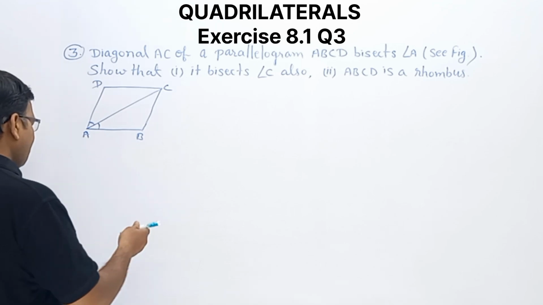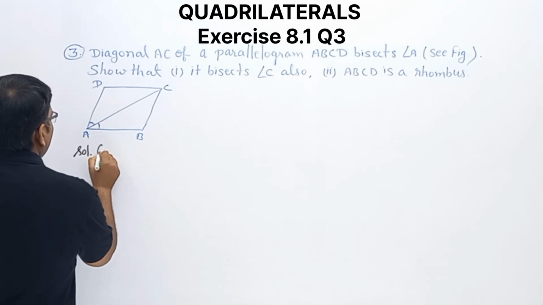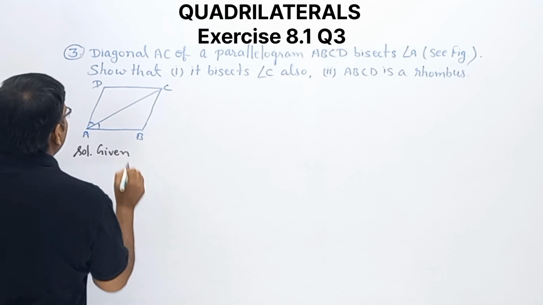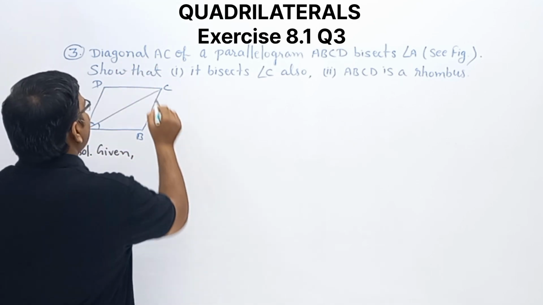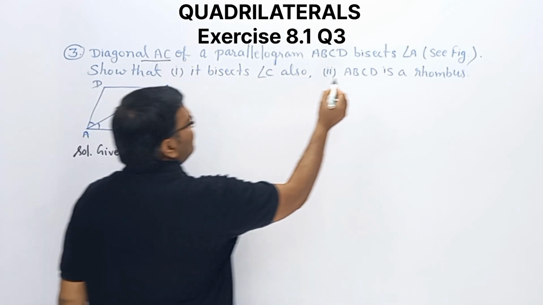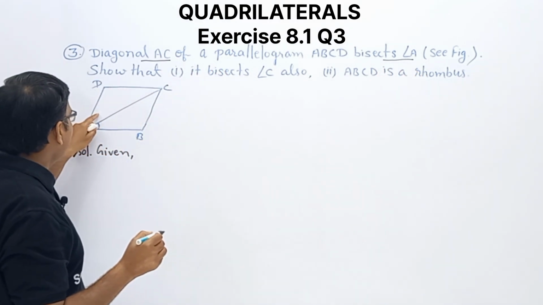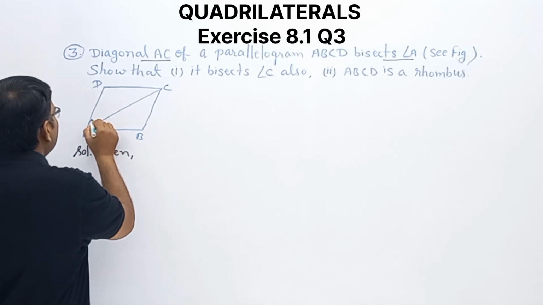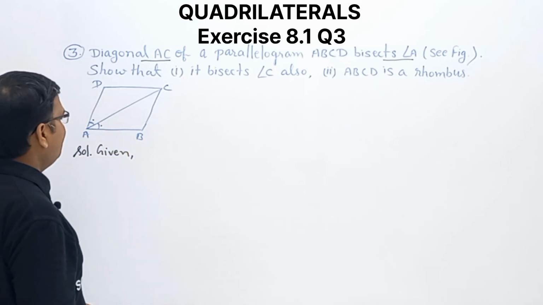Observe what we have. What about its solution? Given diagonal AC bisects angle A. Bisecting angle A means this angle will be equal to this one. Clear?